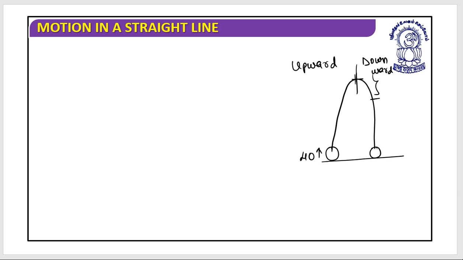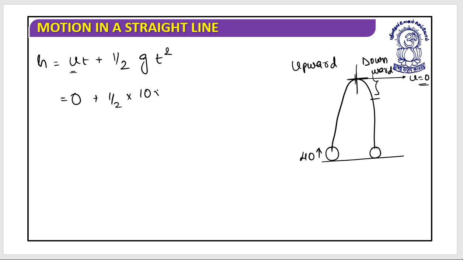Considering the downward journey, you can assume at this position u equals 0, and then h equals ut plus half gt square. As u equals 0, this is 0 plus half into g into 1 square, so this equals 5 meters. This is the distance traveled.